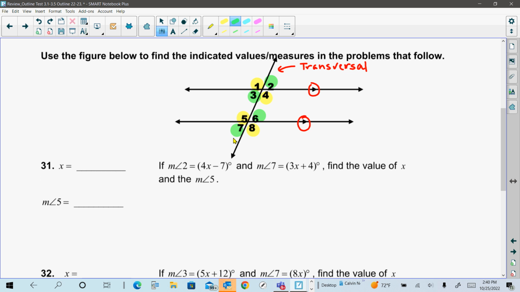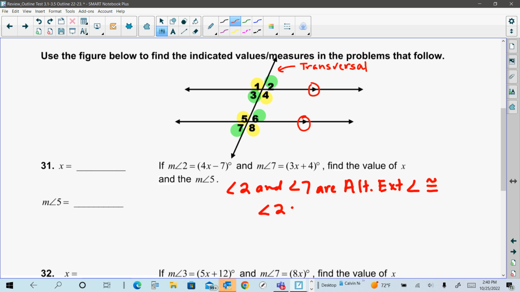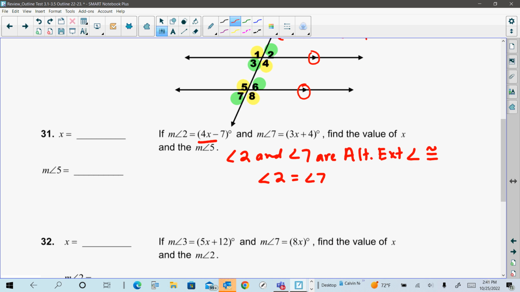So on 31, they want us to focus on angle 2 and angle 7. If I look at those, they are alternate exterior angles. And when we have parallel lines, alternate exterior angles are congruent. So that lets me know that angle 2 is going to equal angle 7. So now I can just substitute the expression for each.